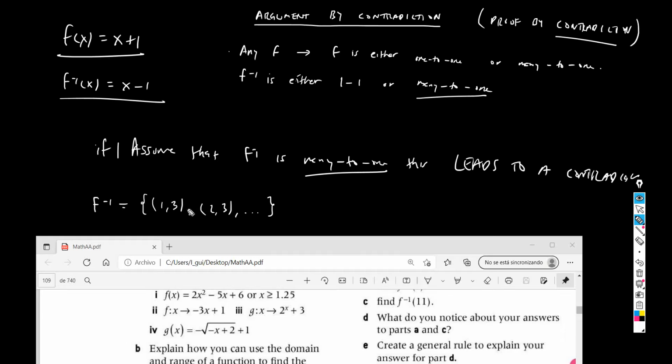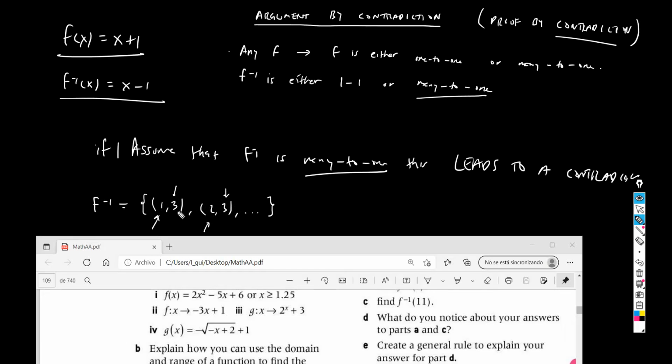Why? Because both 1 and 2 go into 3. These 2 inputs, 1 and 2, both go into 3. That's what makes a function many to 1: many inputs, in this case 2, go into just 1 output. So this is a many to 1 function.